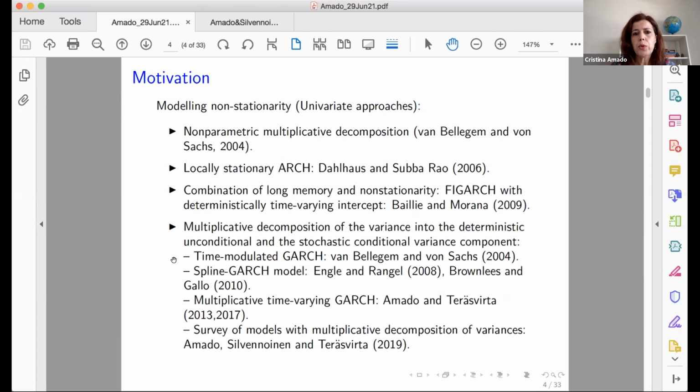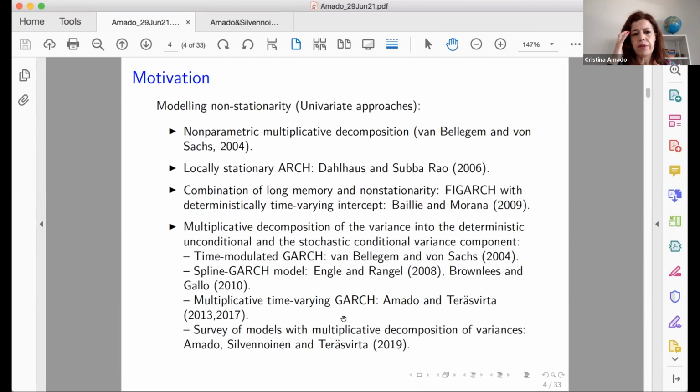Then there are other approaches such as the spline GARCH proposed by Engle and Rangel in 2008, which is also quite popular in this sort of literature. Brownlees and Gallo also proposed a similar type of model, but with different splines. Then there is the multiplicative time-varying GARCH model by myself and Timo Teräsvirta in 2013.